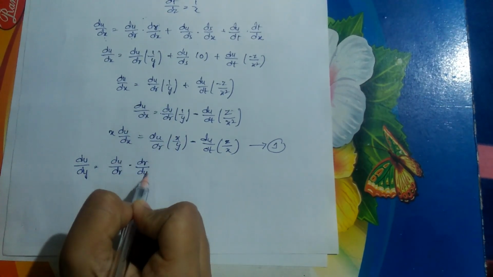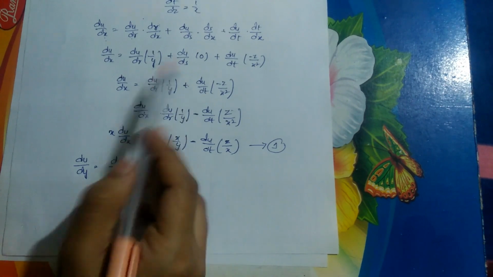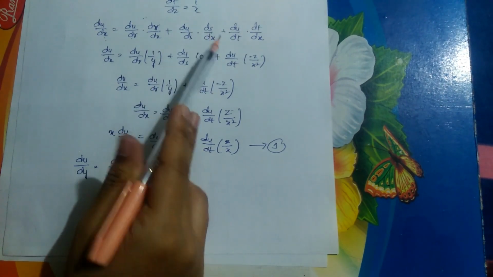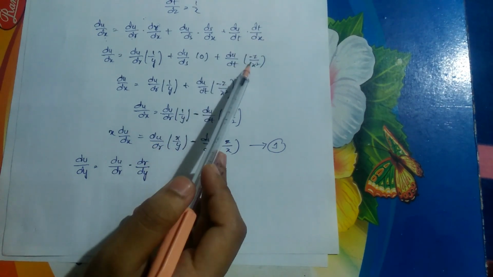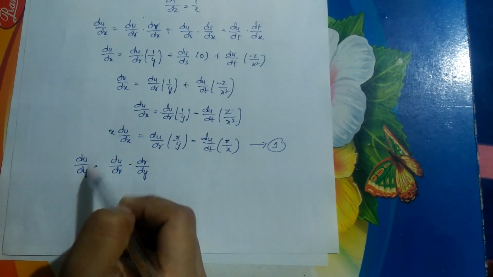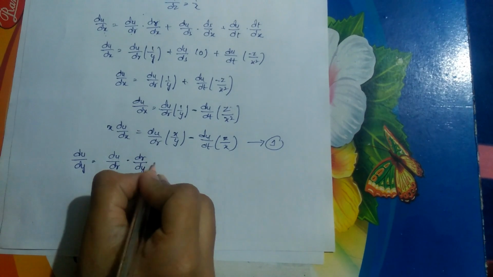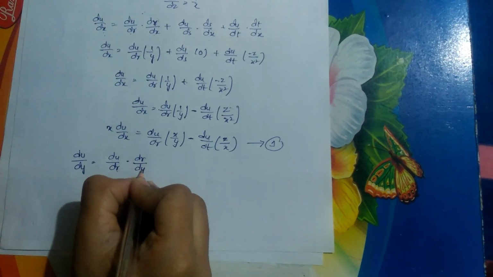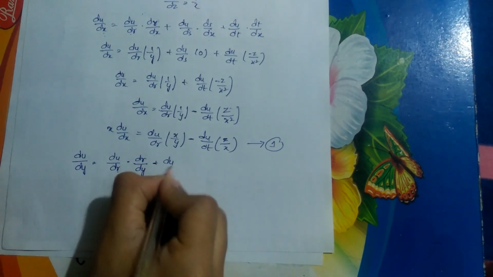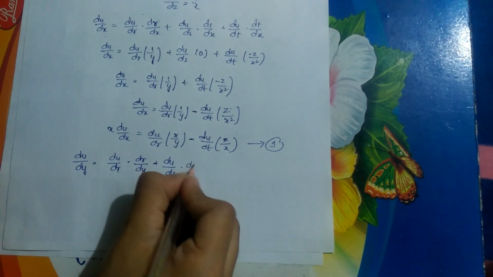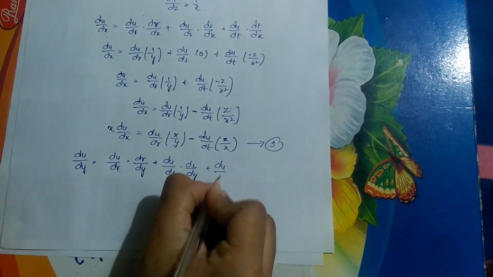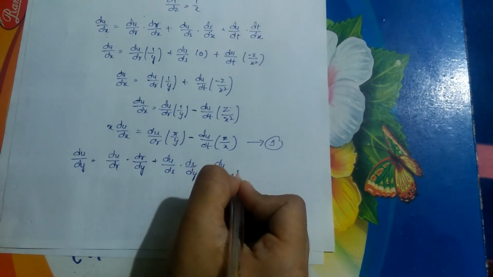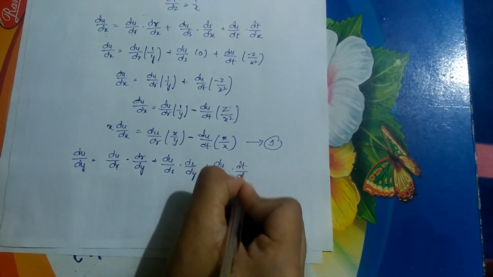Now r is differentiated with respect to y, and then in the second term s is differentiated with respect to y, and then t is differentiated with respect to y. That gives us ∂u/∂y. So ∂u/∂y is equal to ∂u/∂r into ∂r/∂y plus ∂u/∂s into ∂s/∂y plus ∂u/∂t into ∂t/∂y.